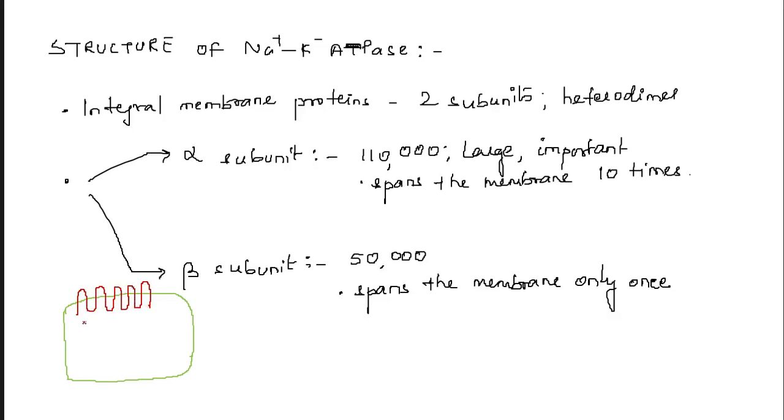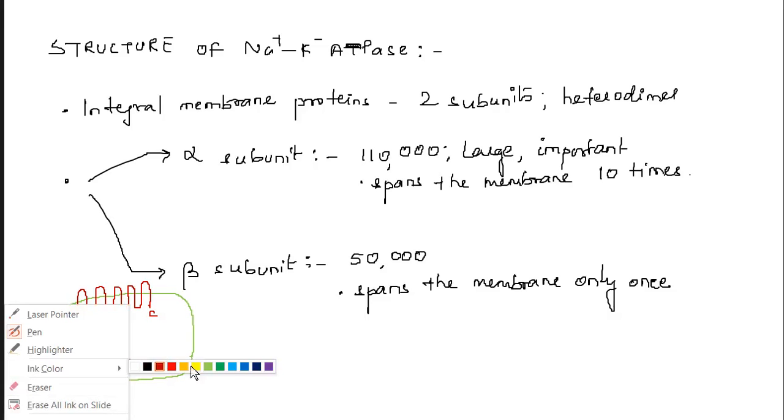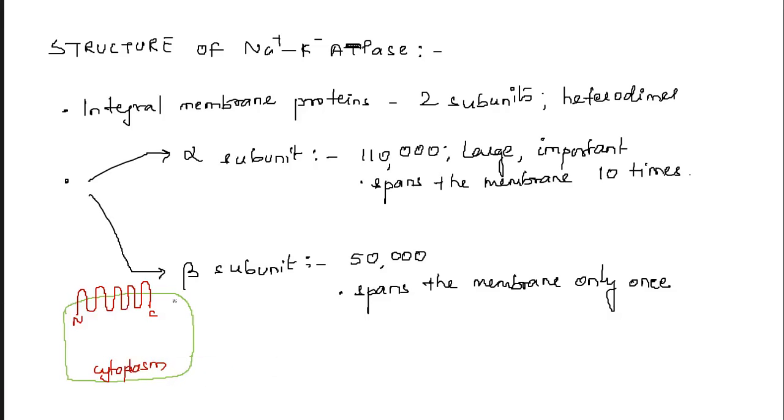Both the N and C terminals of the alpha subunit are inside the cytoplasm. This is the beta subunit, and the red one is the alpha subunit. So alpha spans the membrane 10 times and beta only once.